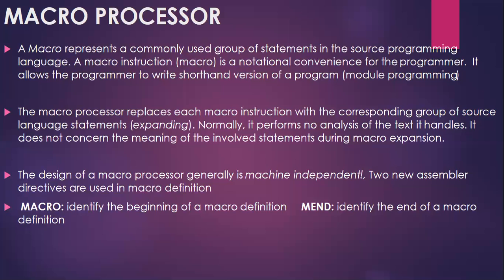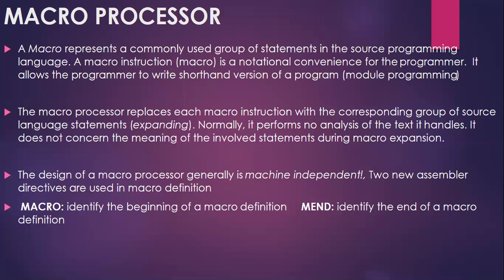But instead of writing the macro program 10 different times, the programmer can use shorthand, just using the macro name. That's it. That will allow the program to expand according to the macro instruction which is written.